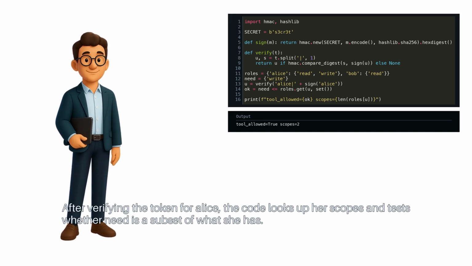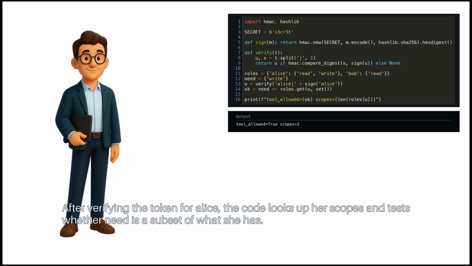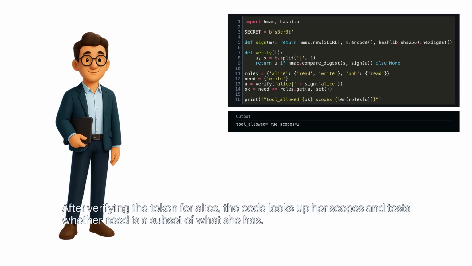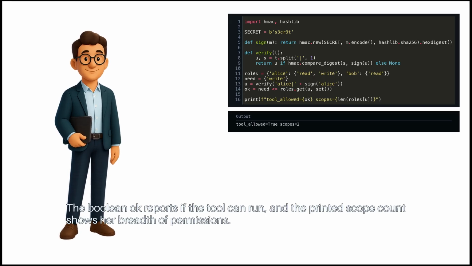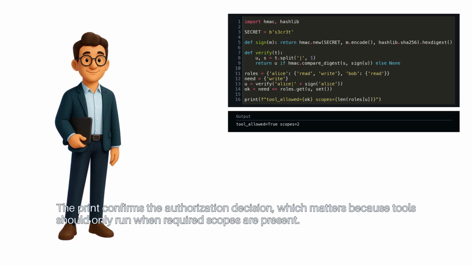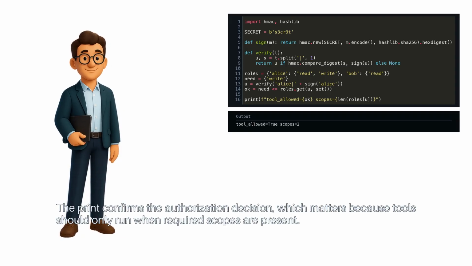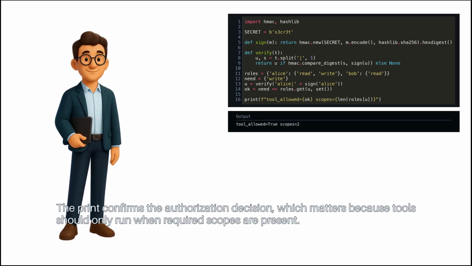After verifying the token for Alice, the code looks up her scopes and tests whether need is a subset of what she has. The Boolean ok reports if the tool can run, and the printed scope count shows her breadth of permissions. The print confirms the authorization decision, which matters because tools should only run when required scopes are present.